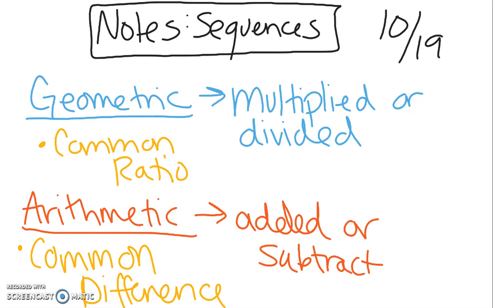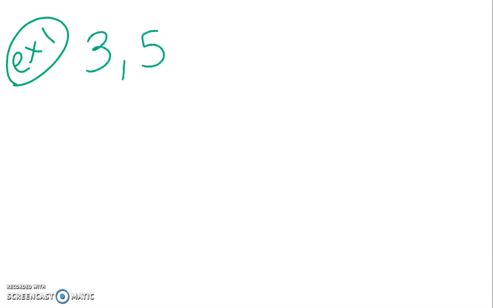All right, so here's some examples. Example 1. Let's say they give us this: 3, 5, 7, 9. They're going to ask us, is it geometric or is it arithmetic? What you need to do is decide what the pattern is between the numbers.